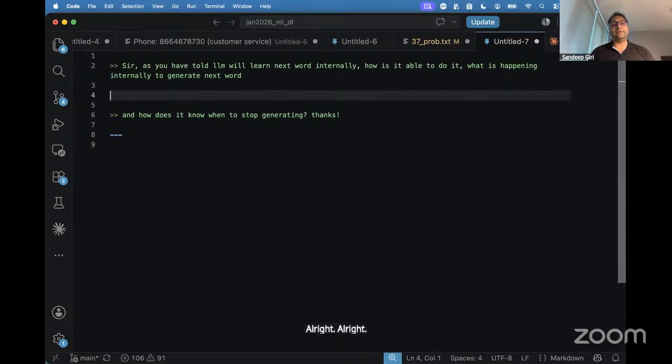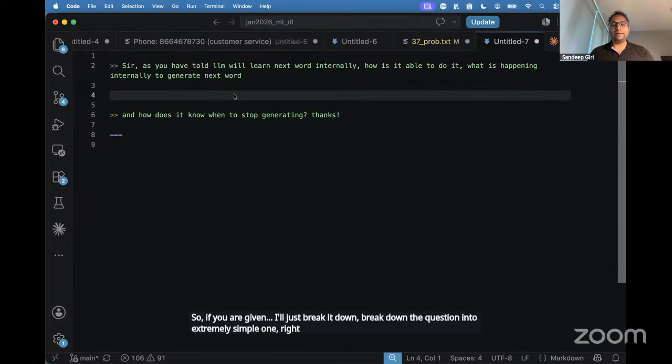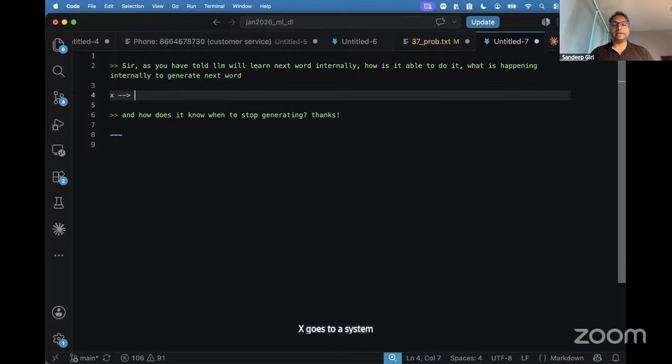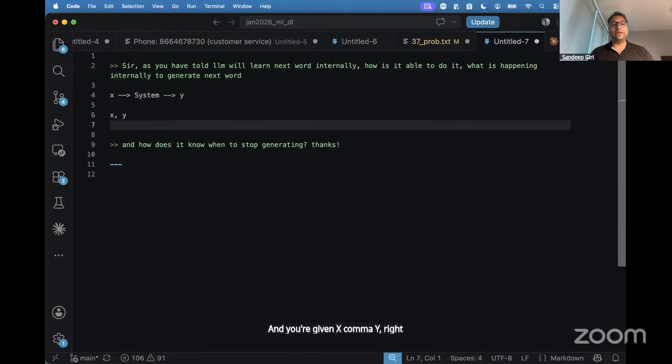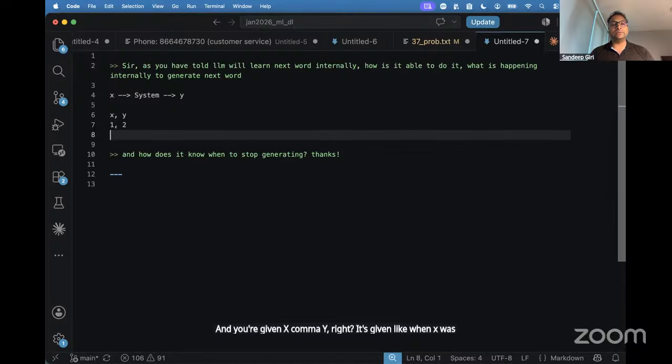So I'll just break down the question into an extremely simple one. Let's say this is the data that is given. X goes to a system, and Y comes out. You're given X comma Y, like when X was 1, Y was 2.